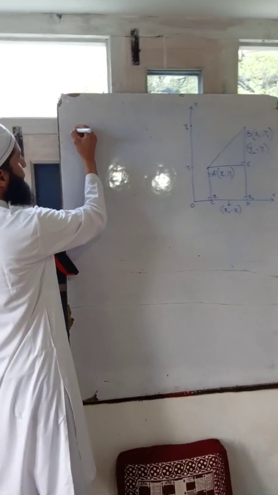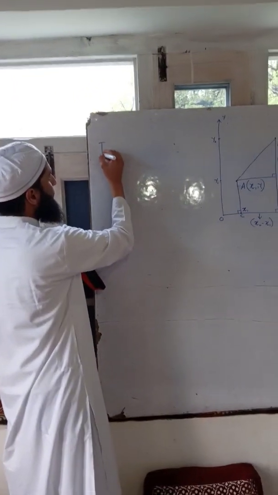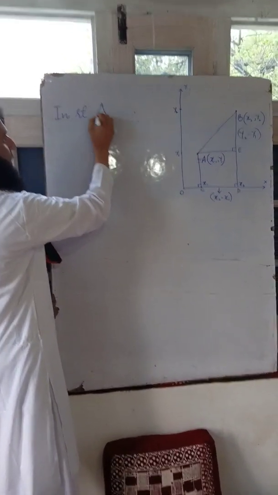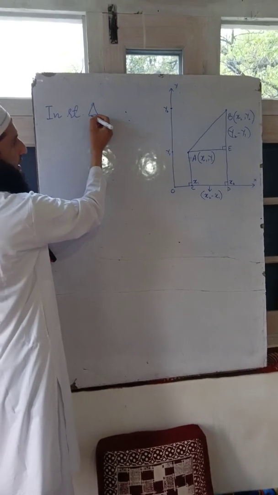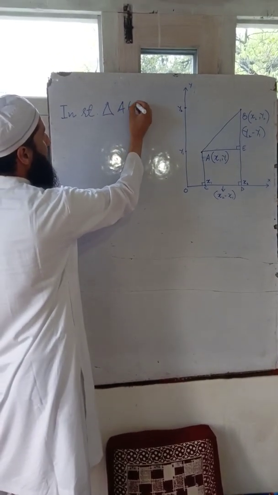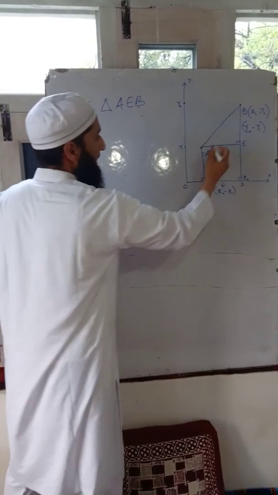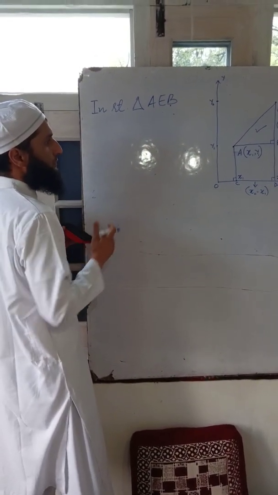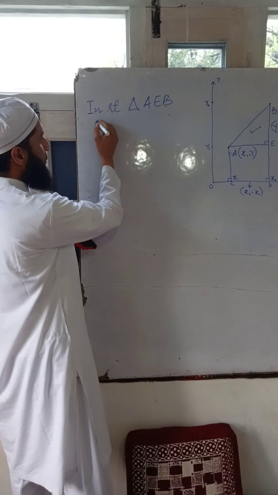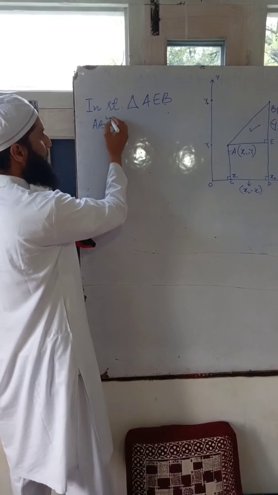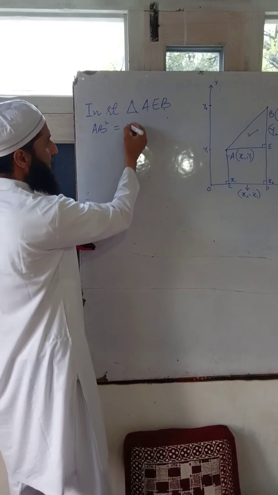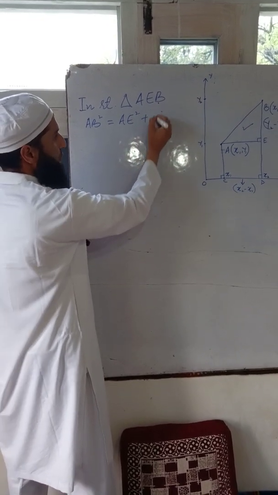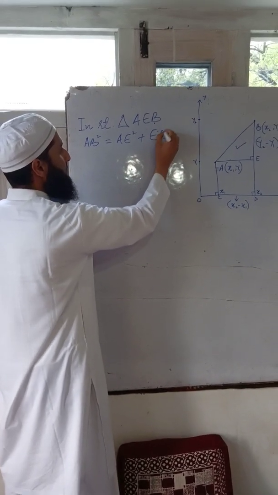Now in a right triangle AEB, that's this one, apply Pythagoras theorem, that is hypotenuse square AB square equals to base square AE square plus perpendicular square EB square.